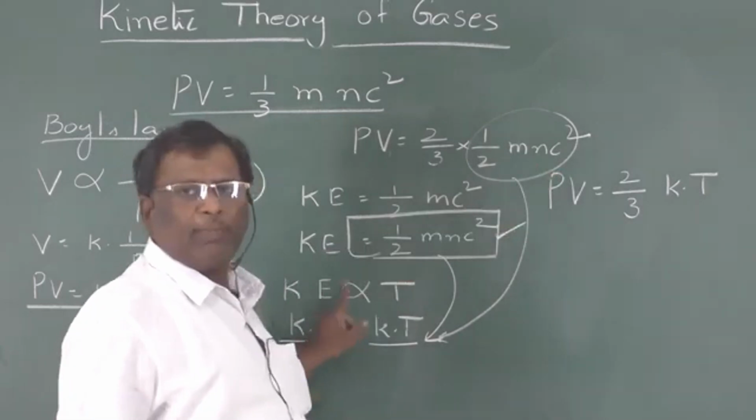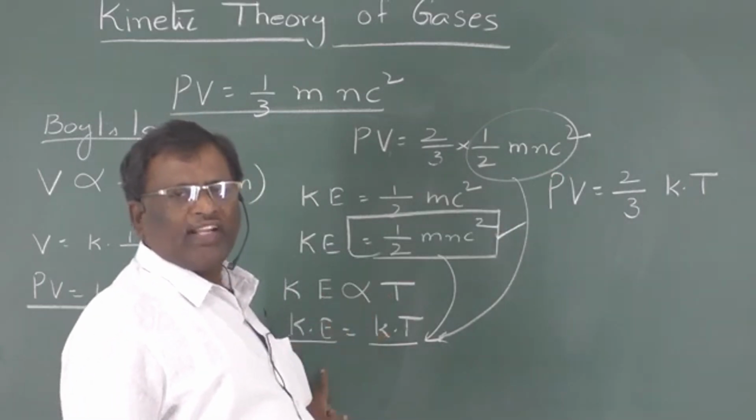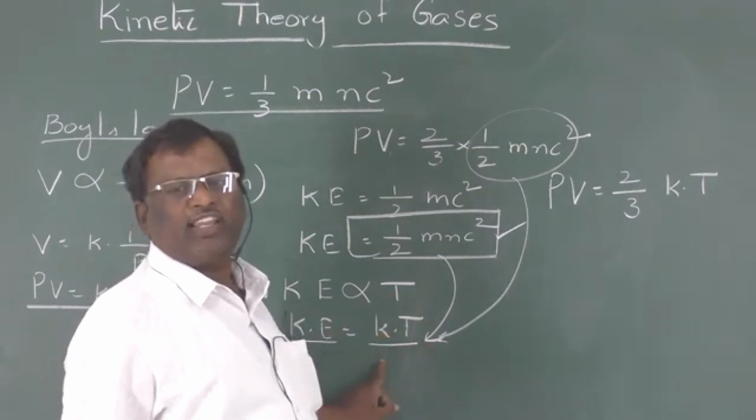Kinetic energy is directly proportional to absolute temperature, so kinetic energy is equal to K into T, where K is a constant.